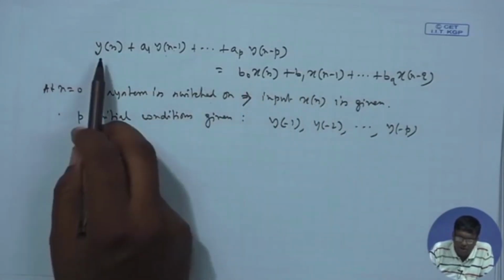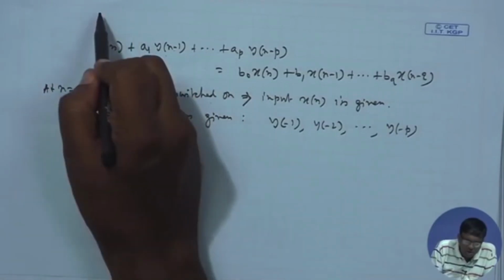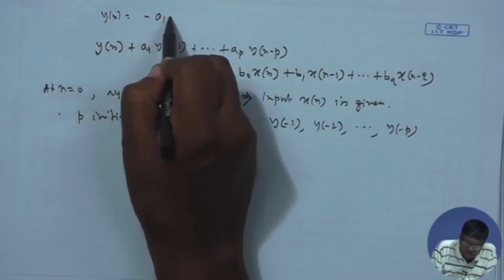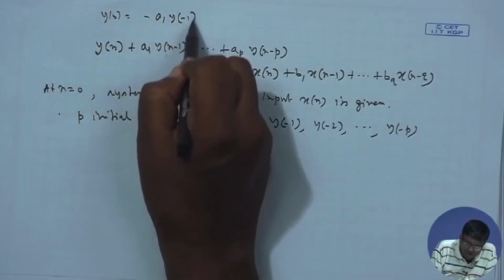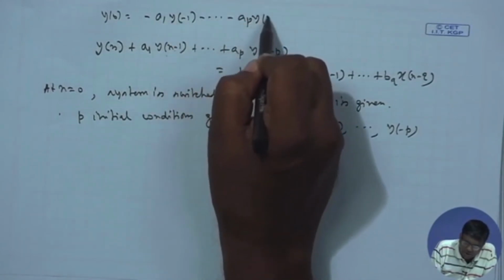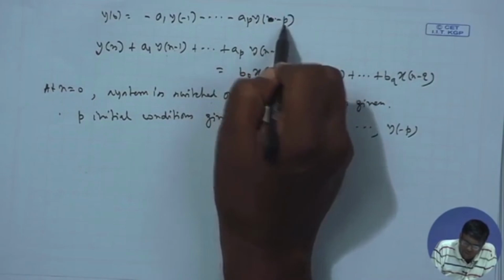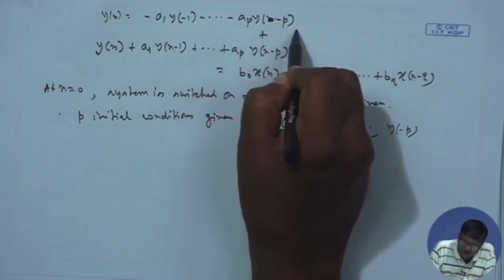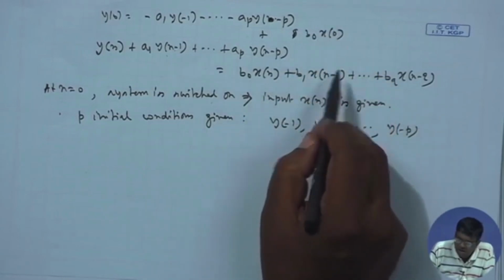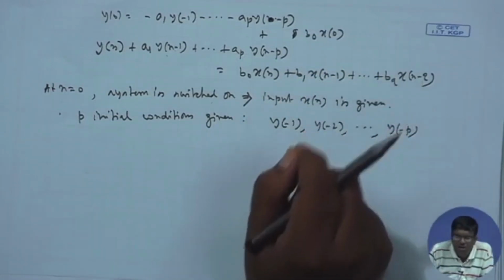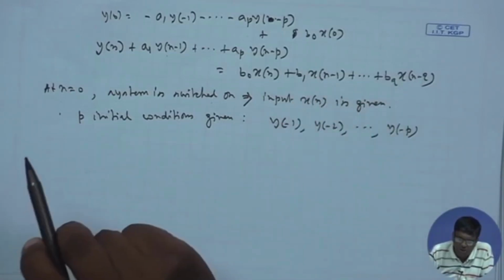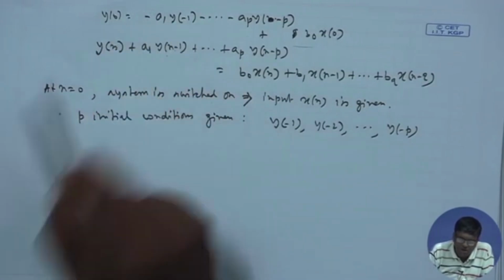So, you can calculate y[0]. How? y[0] will be, you take these terms to the right hand side, minus a1 y[-1] ... minus a_p y[-p], and then you have only b0 x[0], because I am switching on at n equal to 0. No input was given, input was 0 before that. So, just b0 x[0], using that you find y[0].